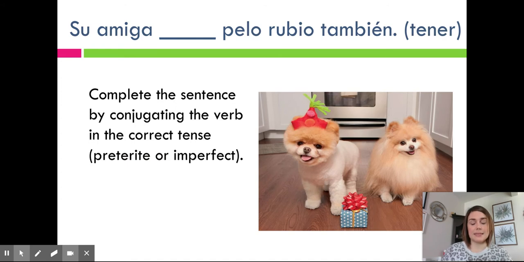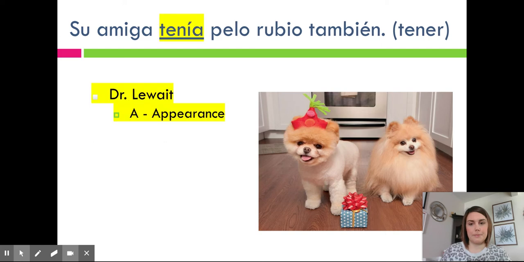How about you try this sentence? Su amiga blank pelo rubio también, using the verb tener. Choose, is it preterite or imperfect based upon the meaning of the sentence, and then conjugate. Muy bien. Another Dr. LeWaitt, describing his friend's appearance. We're going to use tener in the imperfect, tenía.